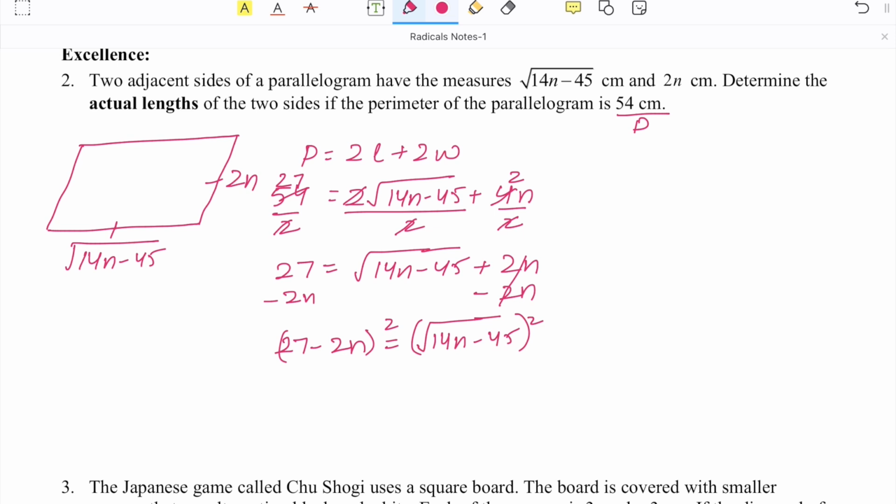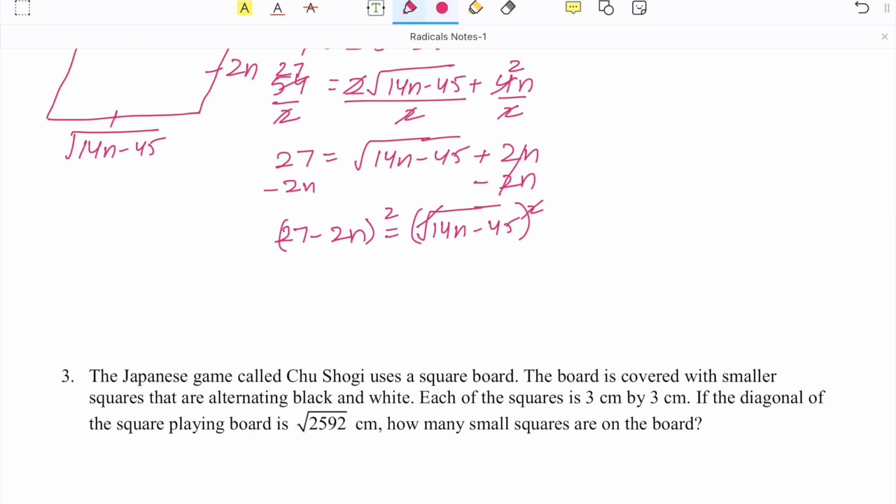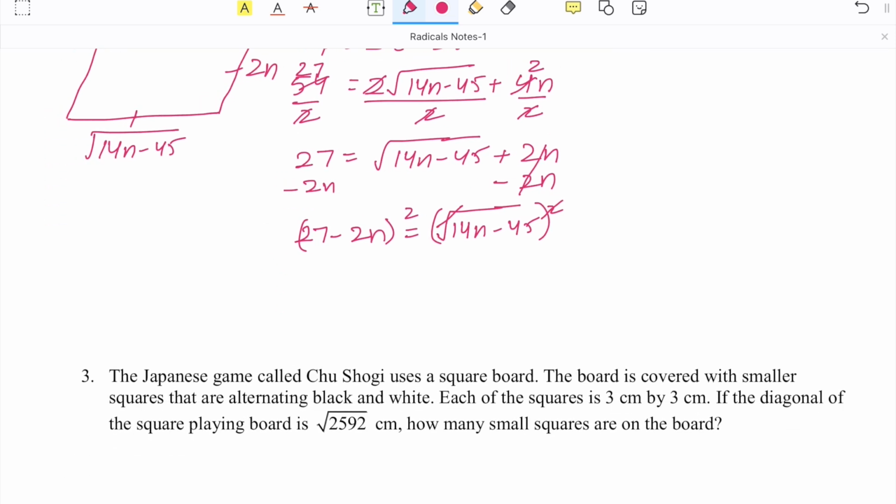Square and square root cancel. 27 minus 2n can be written using the identity: 27 squared plus negative 2n squared plus 2 times negative 2n times 27 is equal to 14n minus 45.